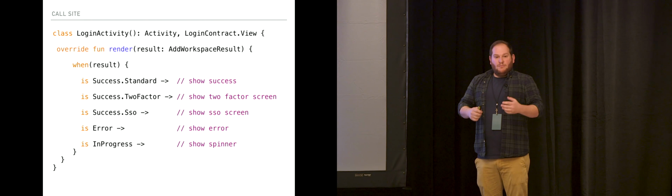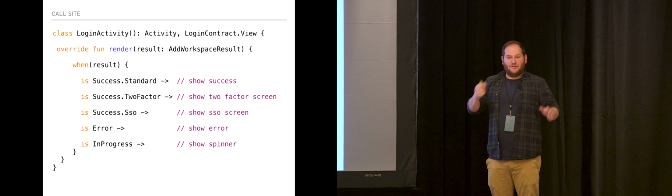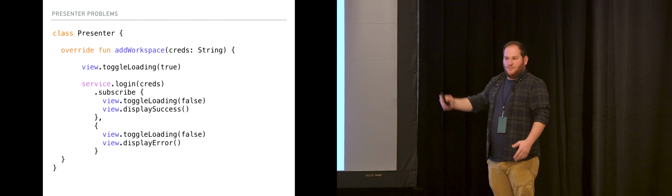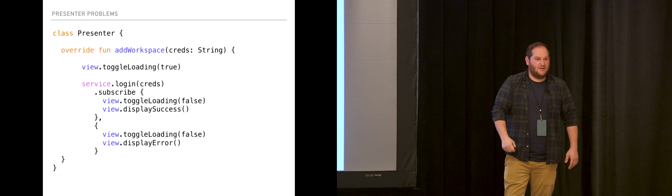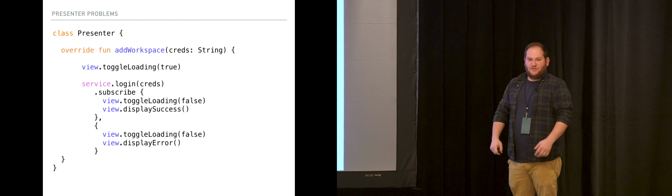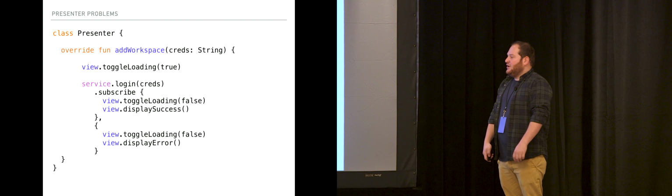So MVP says, oh, we've separated concerns, business logic, view logic. But here, you're still messing with the view from the presenter, so you're not really separating any concerns. You're just entangling it a little bit further, but in an abstract way where you can unit test it. That's good because you can unit test it, but you're still messing with the view.